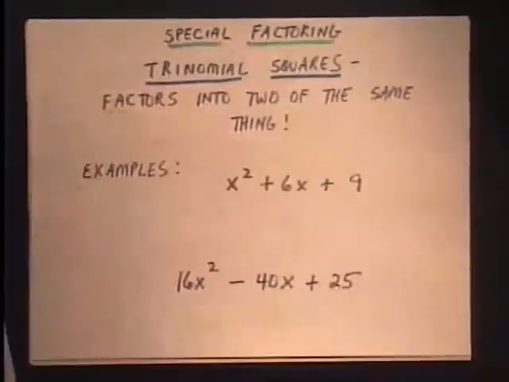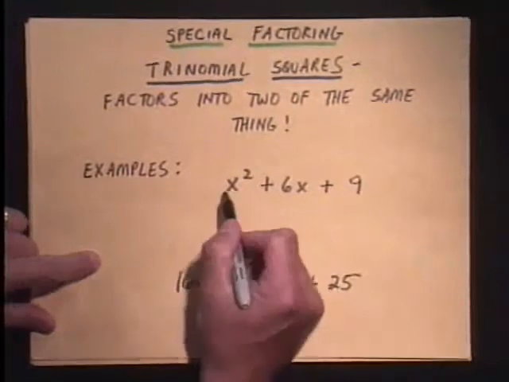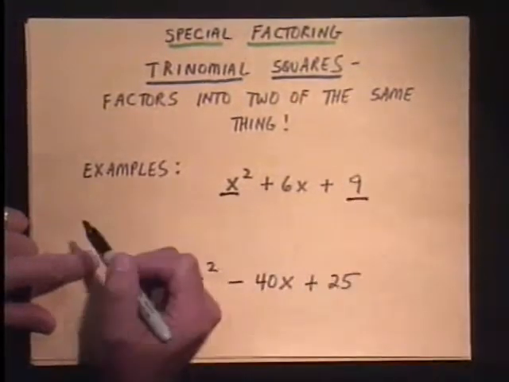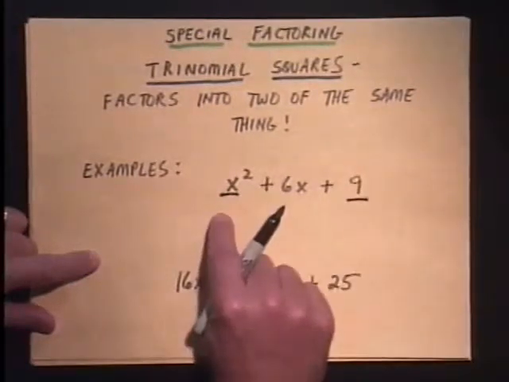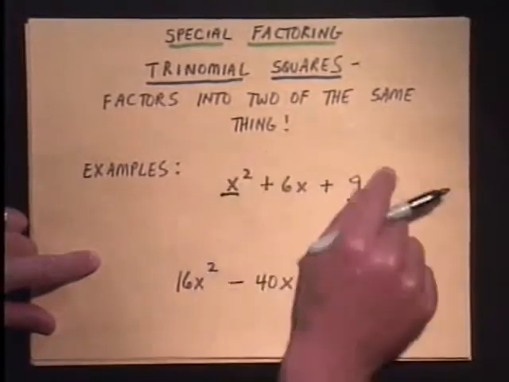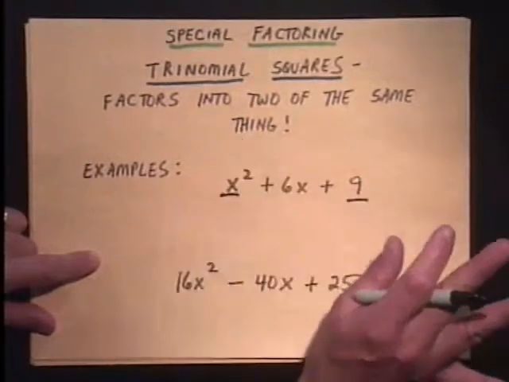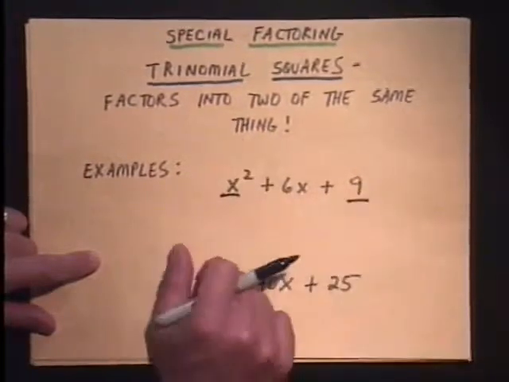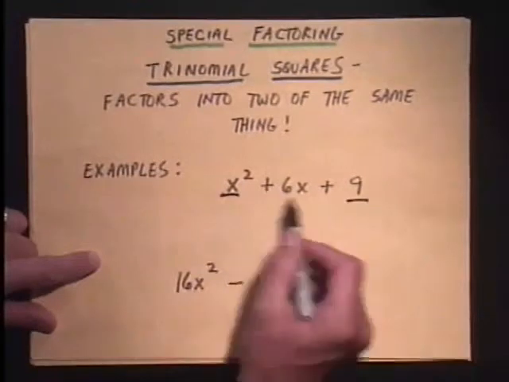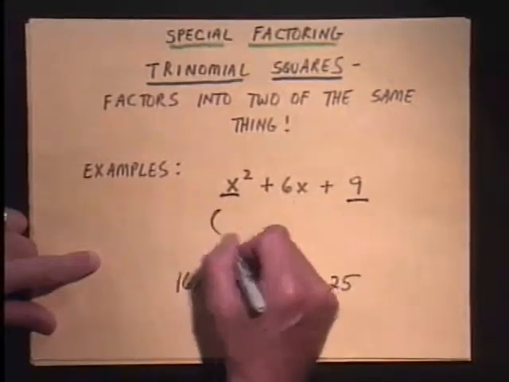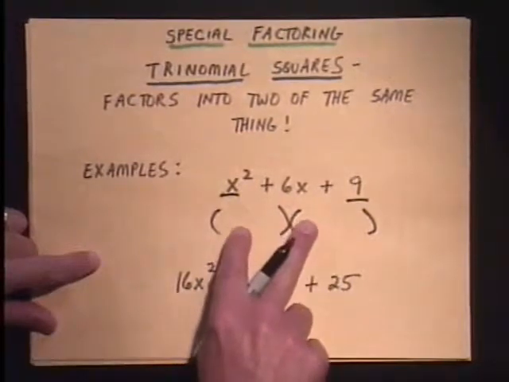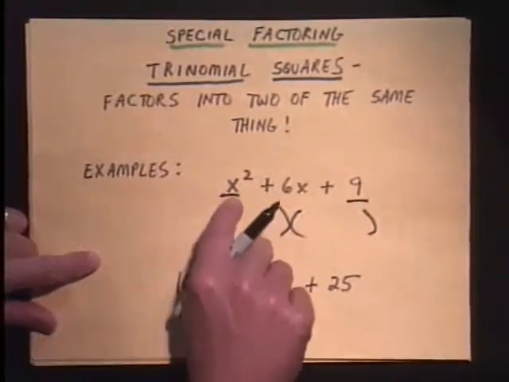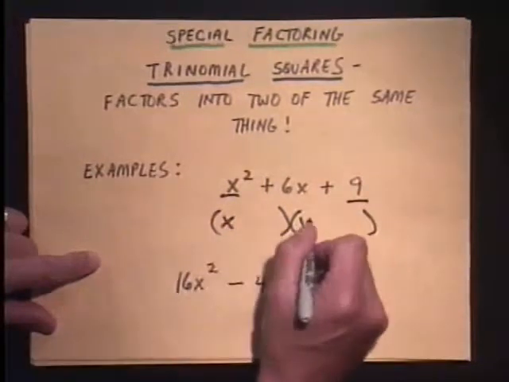So let's go to some examples with trinomial squares. The first one, notice, we've got x squared and 9, so the first and last terms are indeed perfect squares. Now we could do our rainbows on this, of course. Rainbows always work, but these are even faster than rainbows, believe it or not. What two of the same things will give me x squared? x, x.